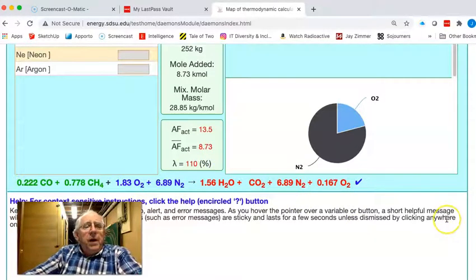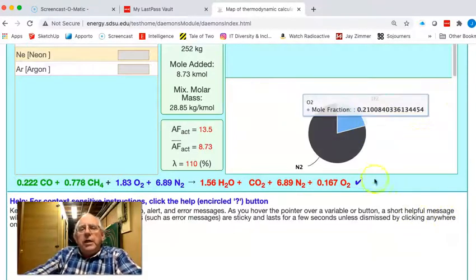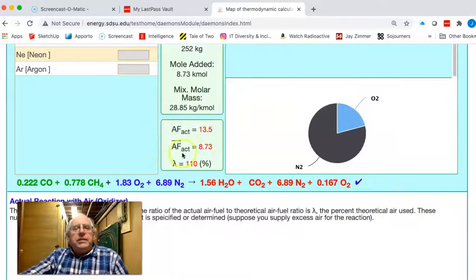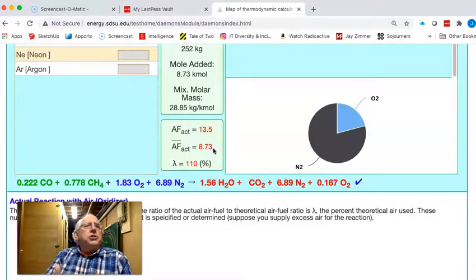And so there is kind of a way to do this, but for this particular problem, let's just suffice it to say that the molar air-to-fuel ratio has been determined, and the fact that there's some extra oxygen and nitrogen in the fuel would change the answer slightly.